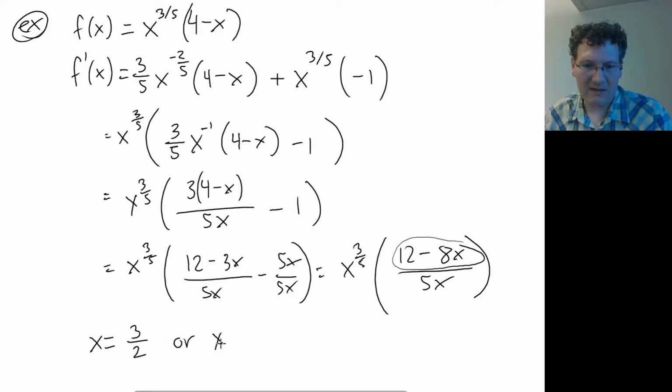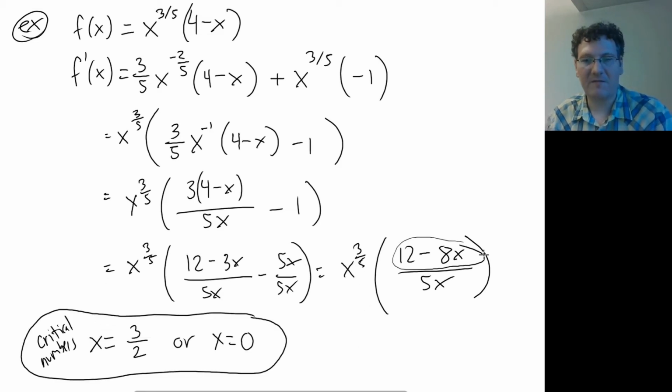Or when x equals 0, something funny is happening. Well, certainly it looks like we're getting a 0 for this, but you notice we have divided by 5x. So this derivative is not going to exist because you can't divide by 0, right? So these are both the critical numbers for this function because the derivative is either 0 or it doesn't exist for these x values.